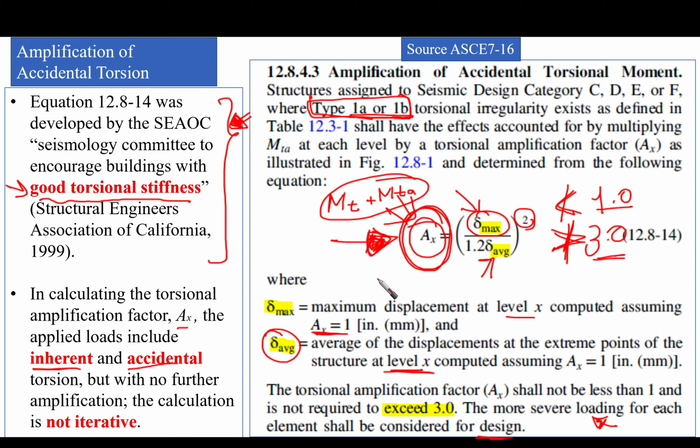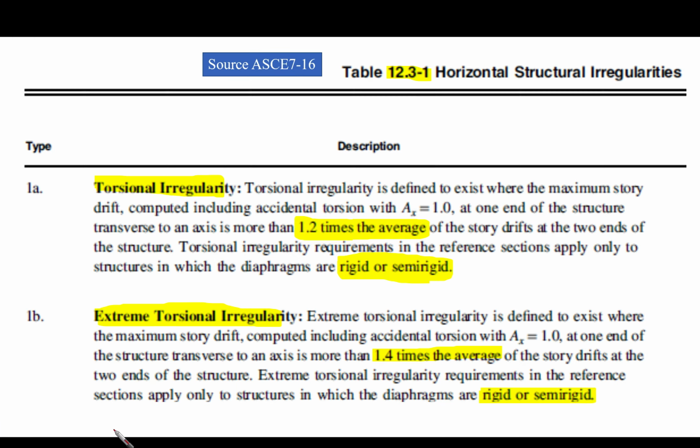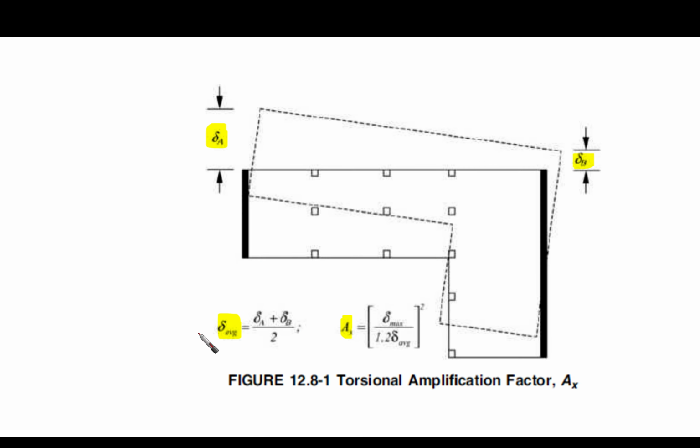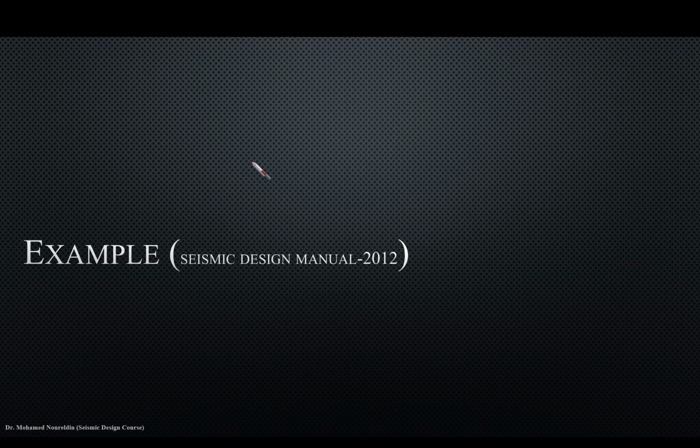But with no further amplification, because we would be going into a loop: every time we put MT plus MTA and this MTA is amplified, we would have to do it again and again. This is not required. Only one time. It is not iterative. Take care of this. Now I think we are ready for the example.